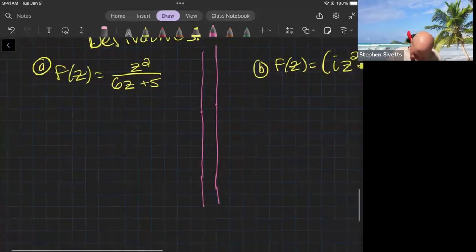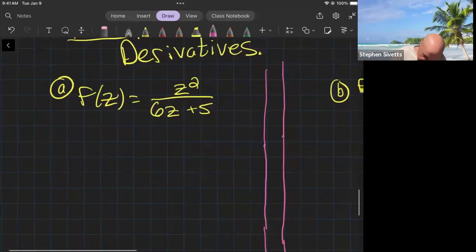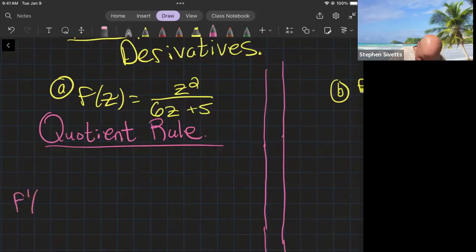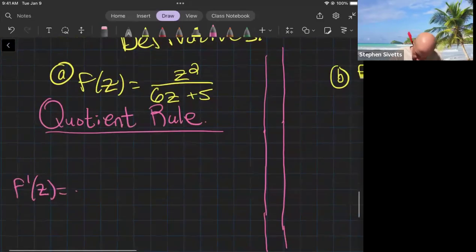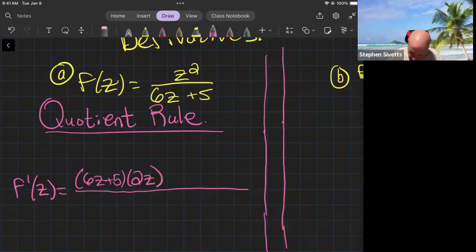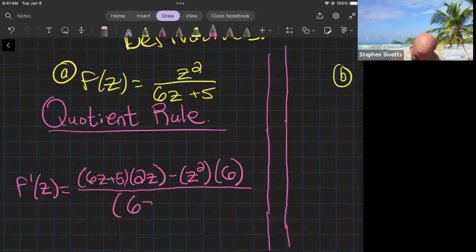Let's actually work out the solution for these. Okay. So this one, we're going to use the quotient rule. Figure out f prime of z. So f prime of z equals low times d high, the derivative of the numerator, which is 2z, minus high, the numerator function, times the derivative of the denominator function, so in this case 6, divided by the denominator function squared.